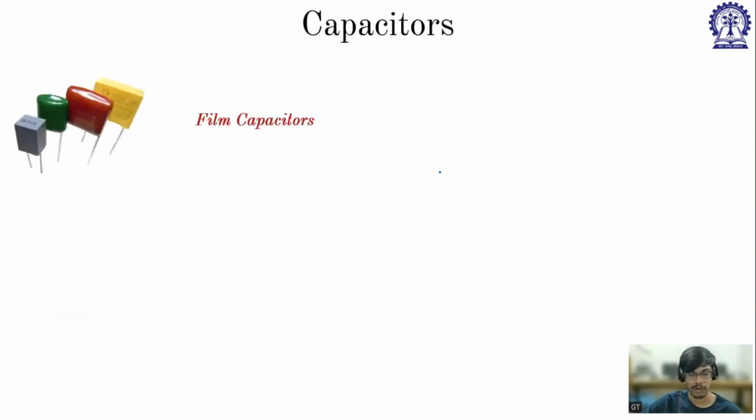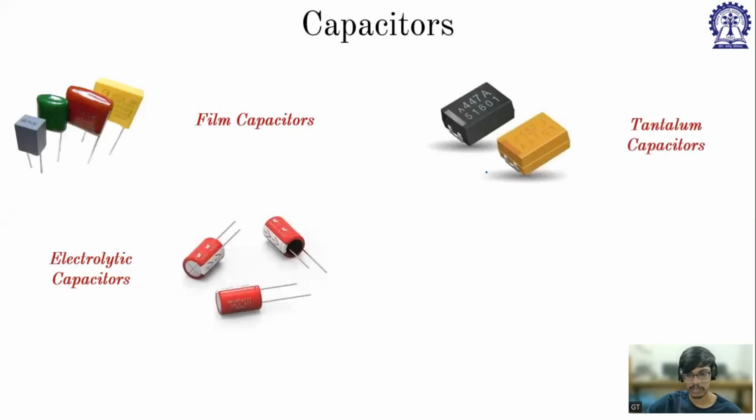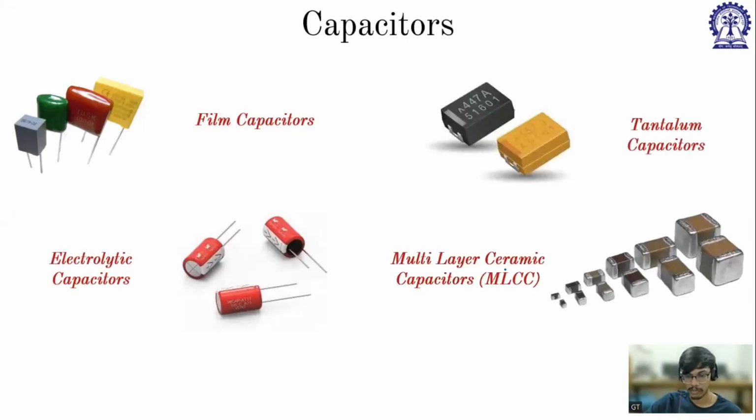Capacitors will also have film capacitors, electrolytic capacitors, tantalum capacitors, and multi-layer ceramic capacitors, also called MLCCs. We are using these in our board. They are very compact in size, and they can be used for high frequency as well. But if you see Q equals CV, right? The amount of charge that it should hold depends upon C as well as V. If C increases, Q increases. If V increases, Q increases.